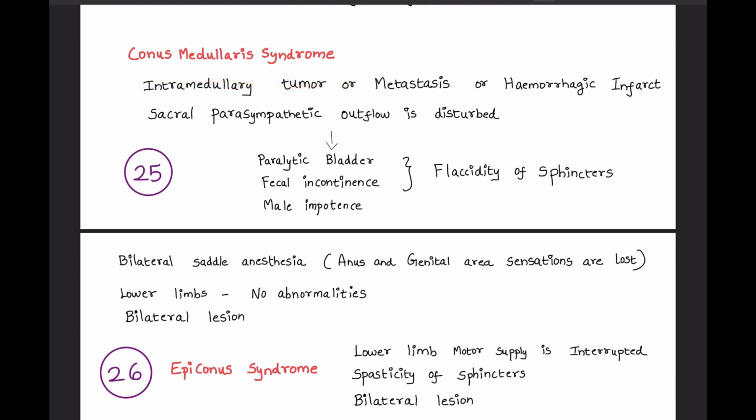In Conus Medullaris, there are no lower limb abnormalities. The lower limb is not involved in Conus Medullaris, and the lesion is bilateral. And there is also bilateral saddle anesthesia, that is, anus and genital area sensations are lost.